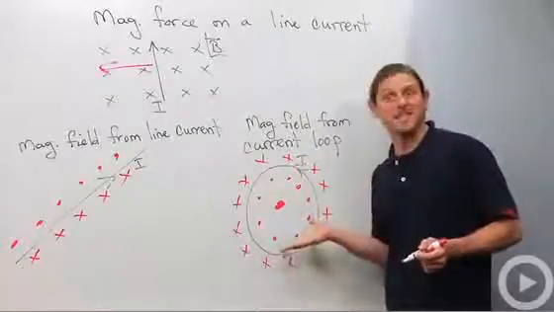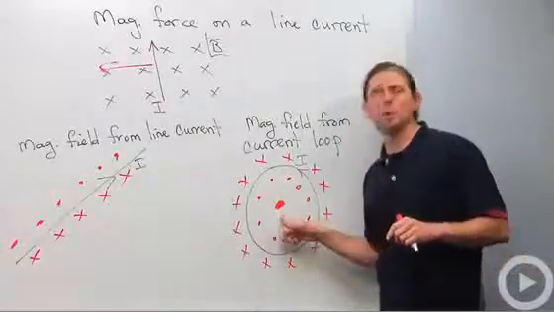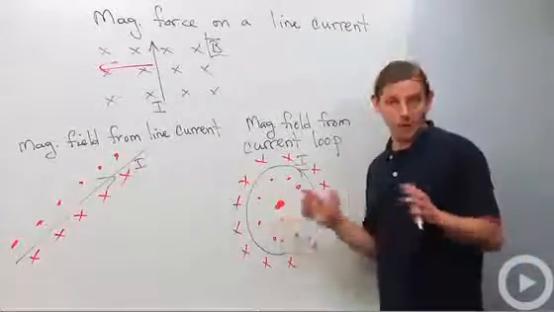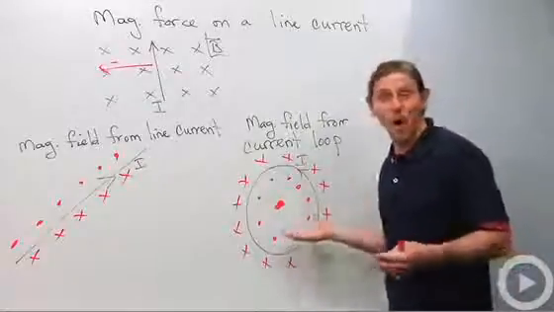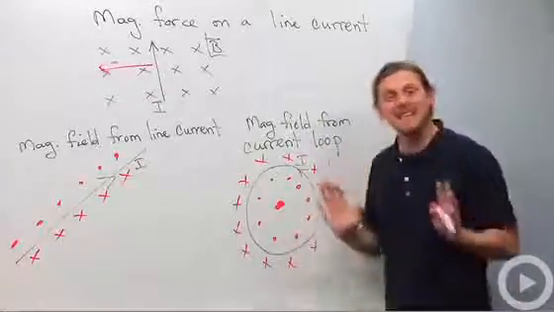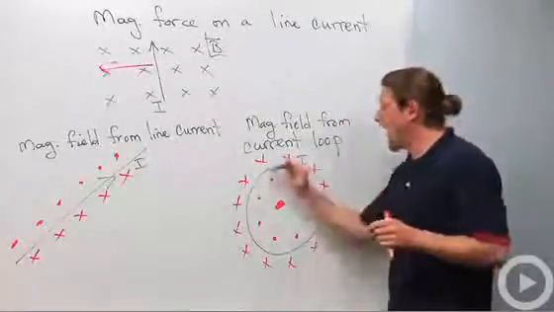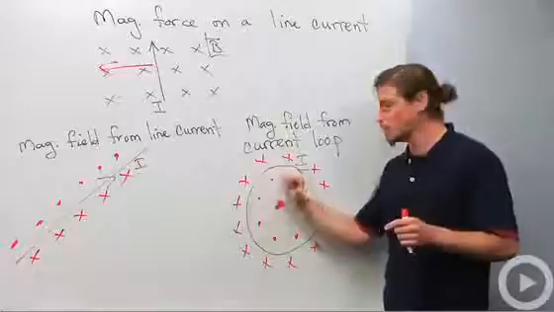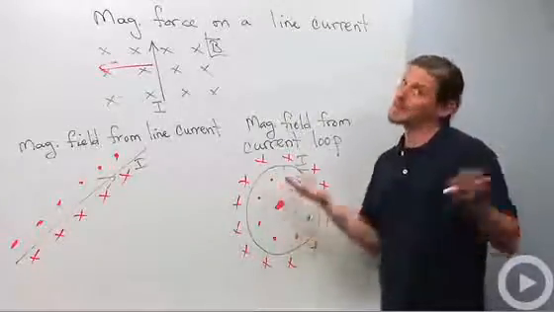Of course, it gives us the same answer that we got the other way, but this is associated with something called a magnetic moment. And so you might be asked to think about magnetic moments and these current loops. And it's easier when you're focusing on that to use the right-hand rule where now the current is your fingers and the thumb is the magnetic field. All right, that's the right-hand rule.